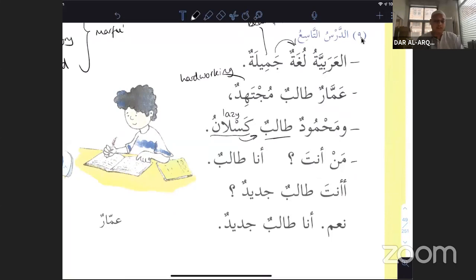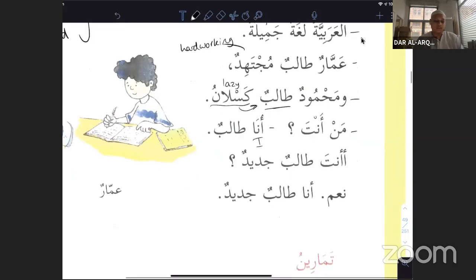Next line. Man anta. Who are you? Next line. Ana talibun. I am a student. Next line. A anta talibun jadidun. Remember, don't forget this. Whenever you see an alif like that at the beginning of a sentence, it makes the sentence into a question.